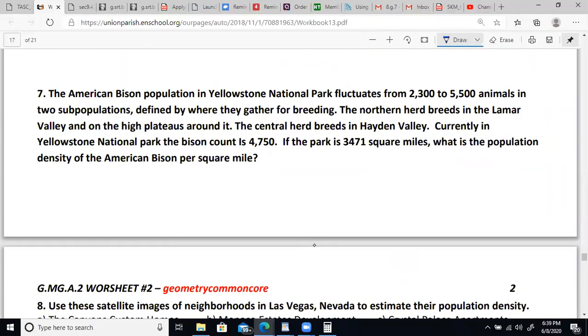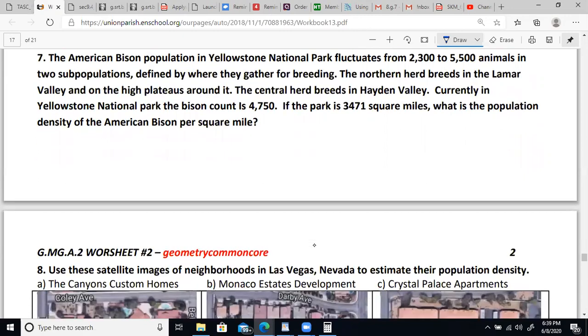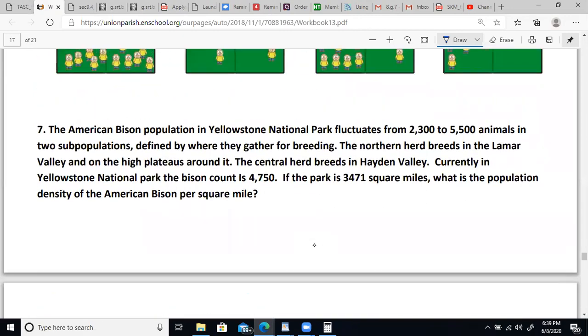Oh, you know what? I lied. I'm going to do one more because I see one that I think I need to do. I apologize in advance. I've never done this one, so I'm kind of doing a shot in the dark here. Hopefully this is not too tricky. All right, we've got American bison population. Fluctuates means that sometimes it's 2,300 and sometimes it's as high as 5,500 animals in the two subpopulations.